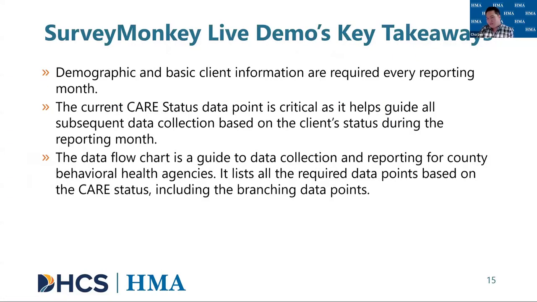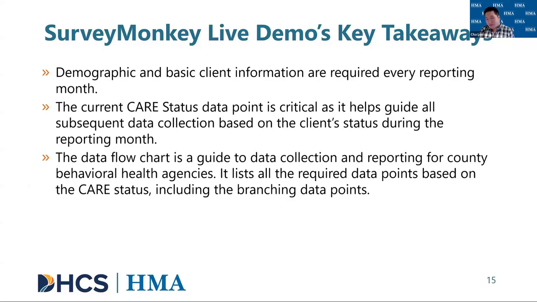We think it will be very helpful to review the key takeaways from the demo before we begin. Please keep this in mind as we review the tool. Demographic and basic client information are required every reporting month. The current care status data point is crucial every reporting month because based on how you answer that, it is going to determine the reporting of subsequent required data points.